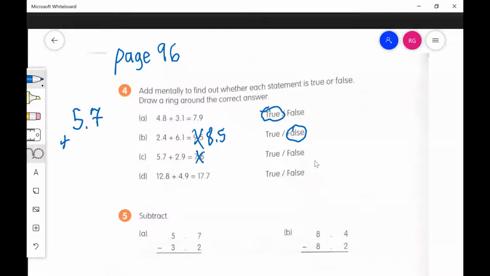So 5.7 plus 2.9, that's going to be 8.6. We could do that in our heads. We could say 5 plus 2 is 7, and then 0.7 plus 0.9 is 1.6, and add that together. So we see that it's wrong. It's 8.6. So we must say this is false here.